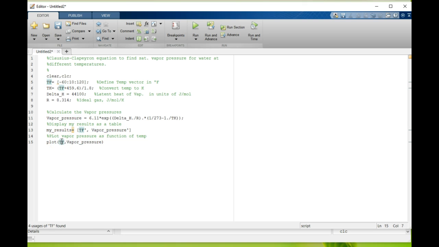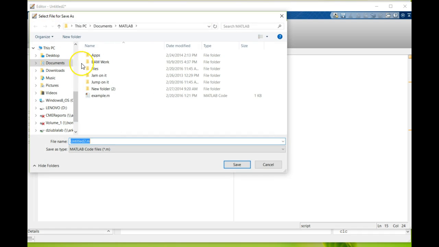I'm going to hover over, and yep, TF seems to be defined properly. TK, yep, we have that one. Delta H, yep, we have that. So I think everything's good. So I am going to save this, and we'll just call this the vapor example.